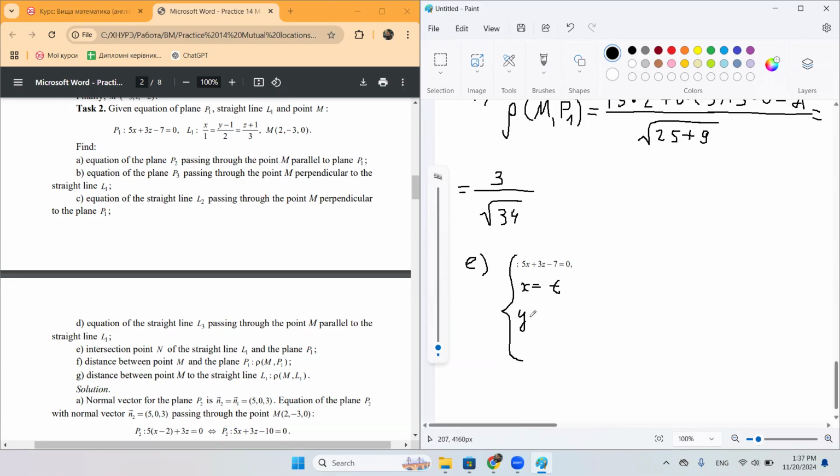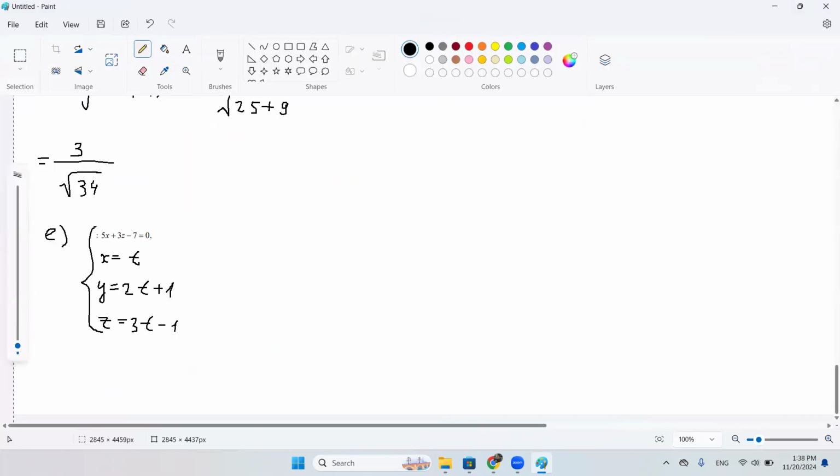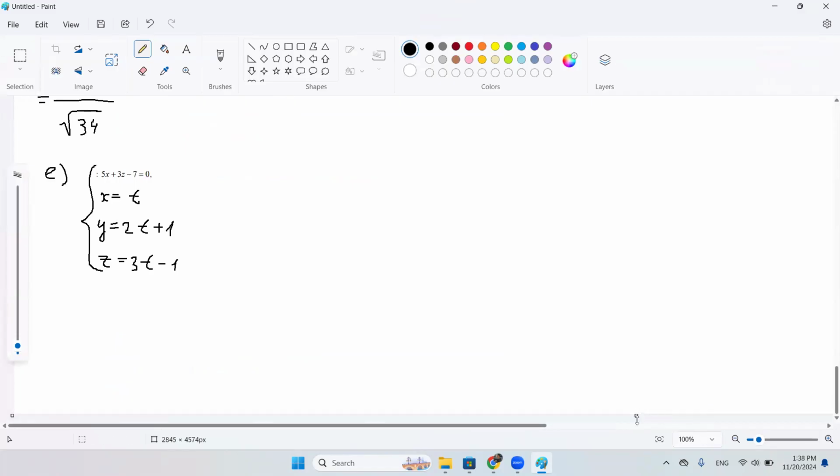I will write it faster. So y equals 2t plus 1, and z equals 3t minus 1. So substituting into the equation, I even need to extend the space for creativity because I'm running out of it.